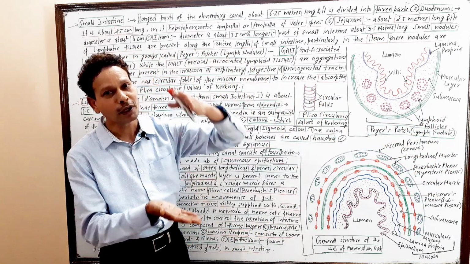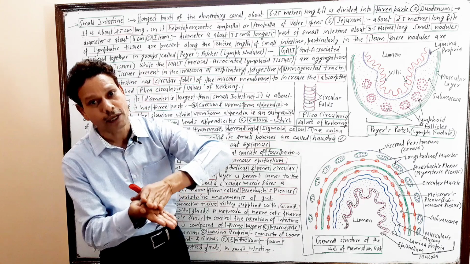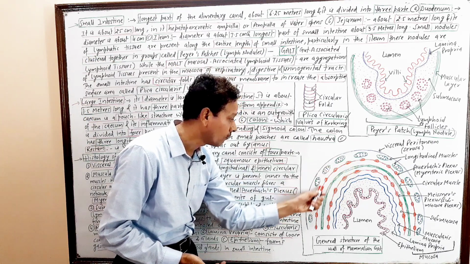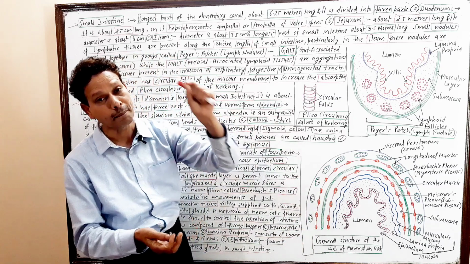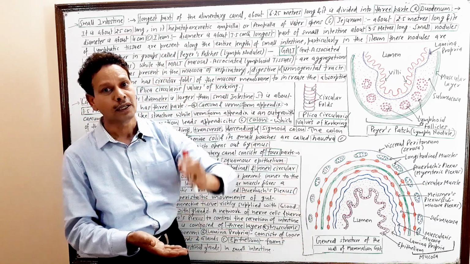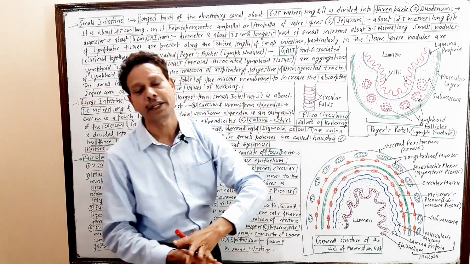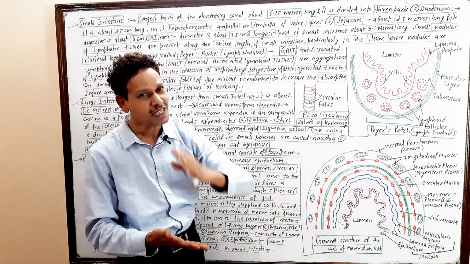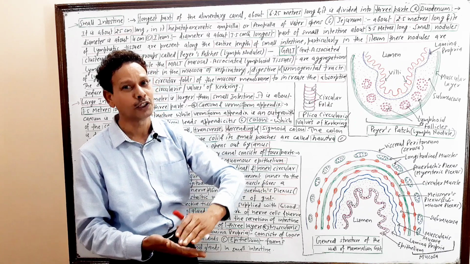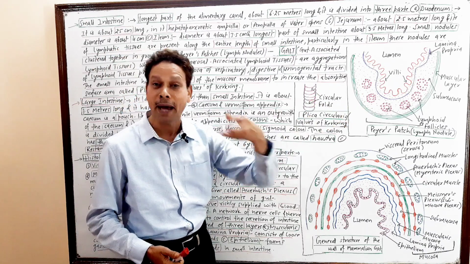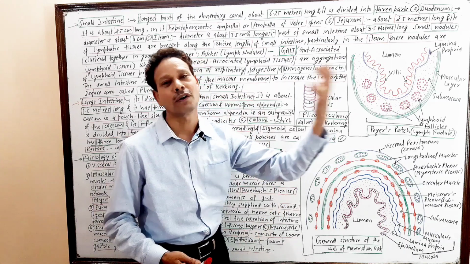Between longitudinal and circular muscles, this plexus is responsible for controlling the peristaltic movements, the peristalsis, the movements of the gut.